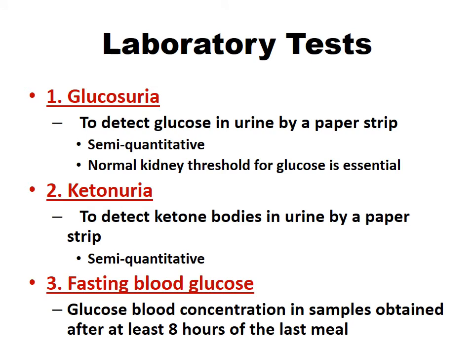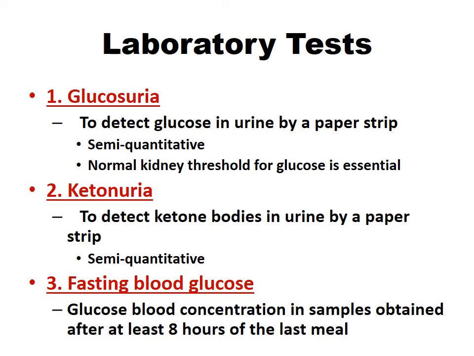Laboratory tests done to know if the patient is diabetic or not. First, glucosuria, to detect glucose in urine by a paper strip. This test is semi-quantitative and requires normal kidney function for glucose. Ketonuria, to detect ketone bodies in the urine by a paper strip, also a semi-quantitative test.